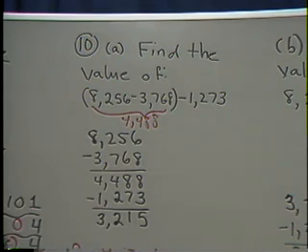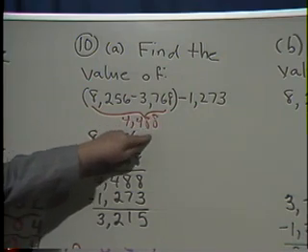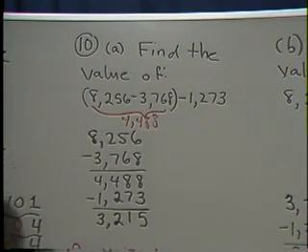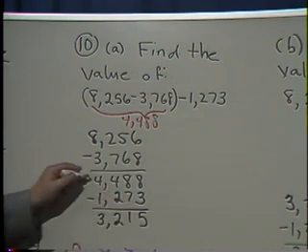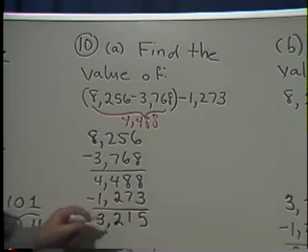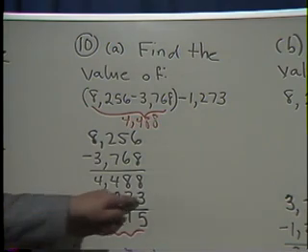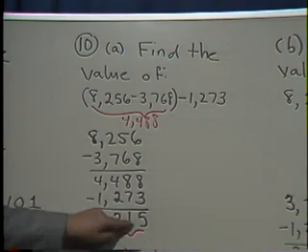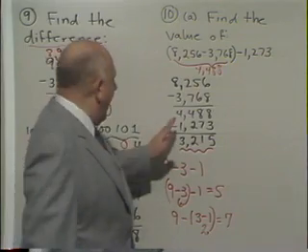The next step says take what was in the parentheses, namely 4,488, and then subtract 1,273. If I subtract 1,273 from 4,488, I get what? 3,215. That's an easy one. 3 from 8 is 5, 7 from 8 is 1, 2 from 4 is 2, 1 from 4 is 3. So that's the answer to part A.